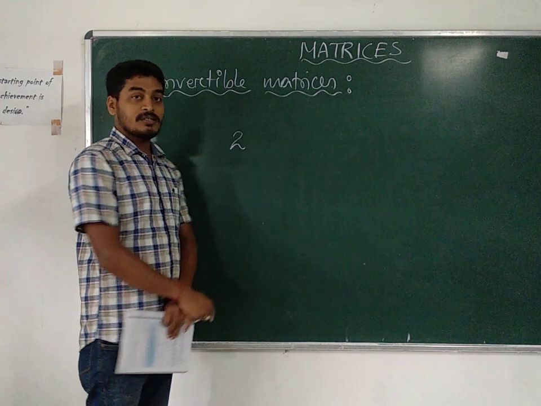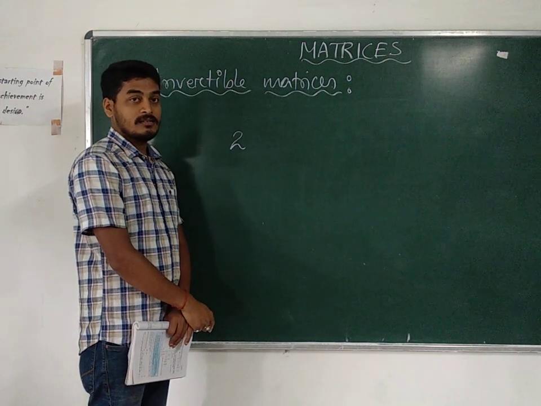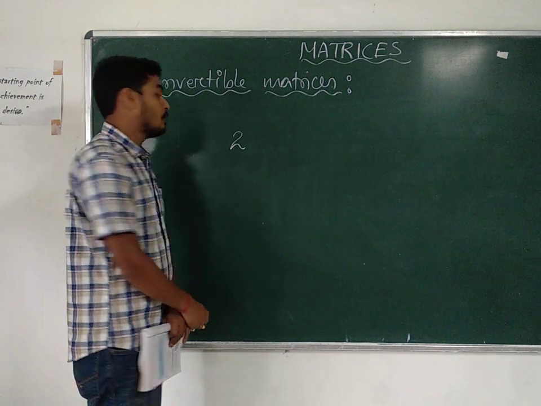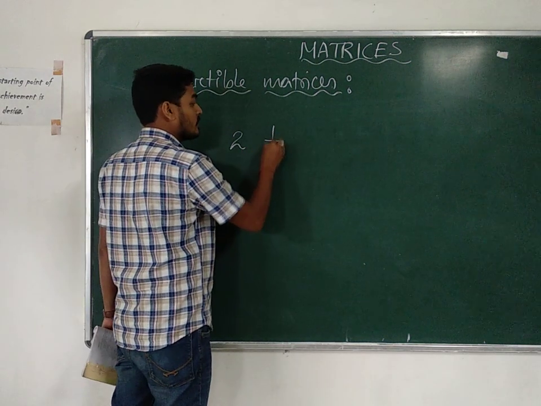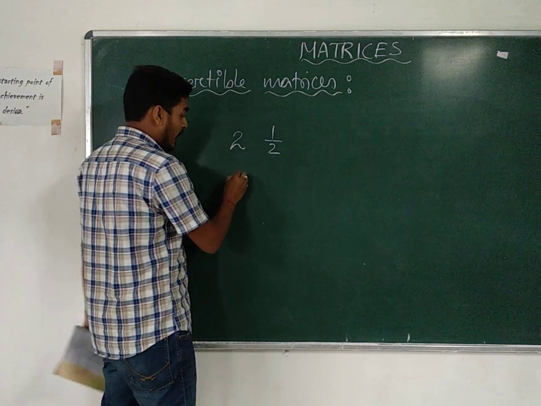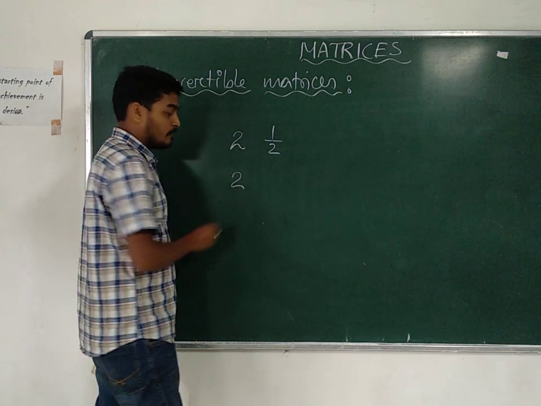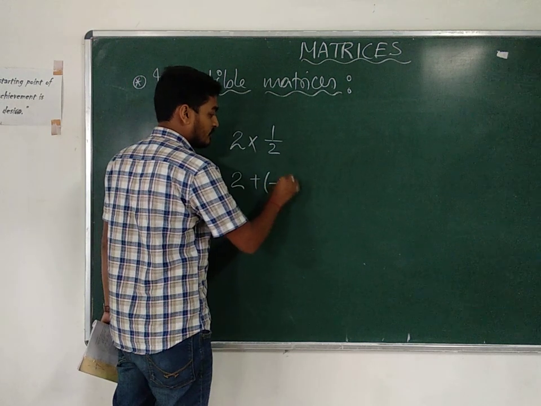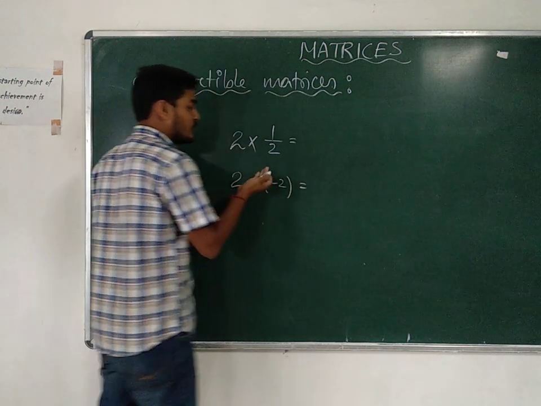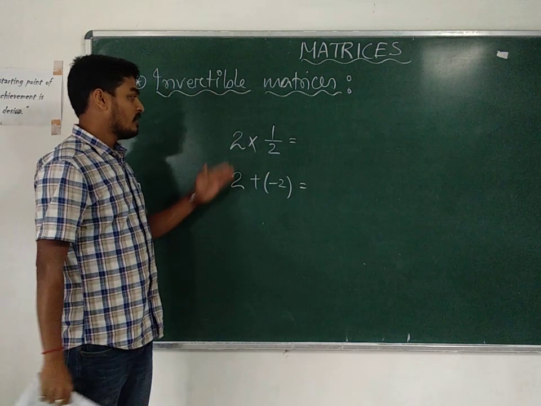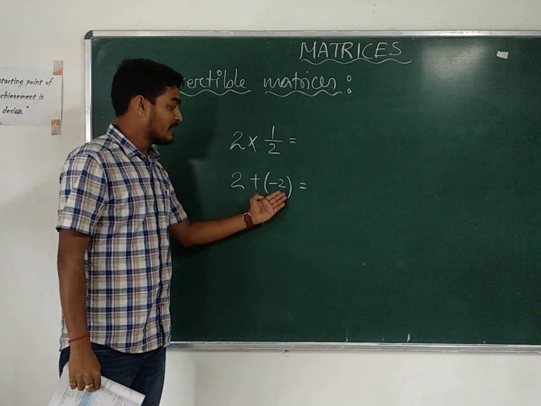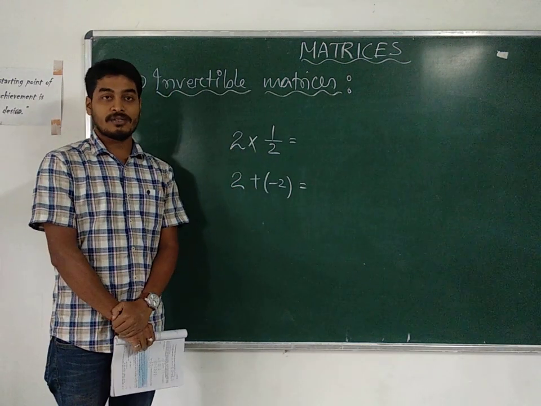Depending upon the operation that you want to apply, the inverse will be different. If I am discussing a multiplication operation, then half is the inverse. If I am discussing the addition operation, then minus 2 will be the inverse. Under what condition can we say that half is the inverse of 2 under multiplication and minus 2 is the inverse of 2 under addition?